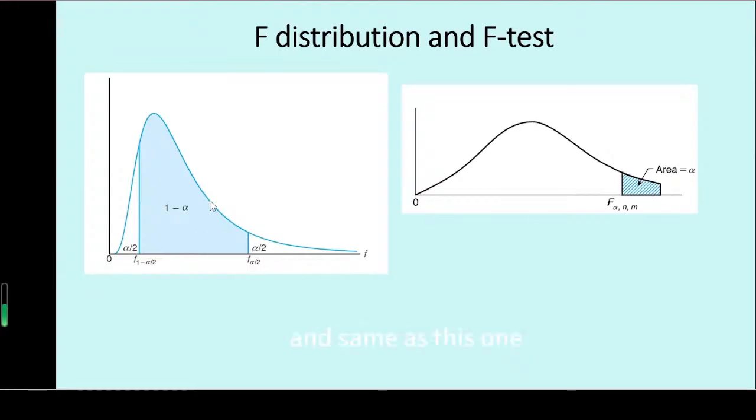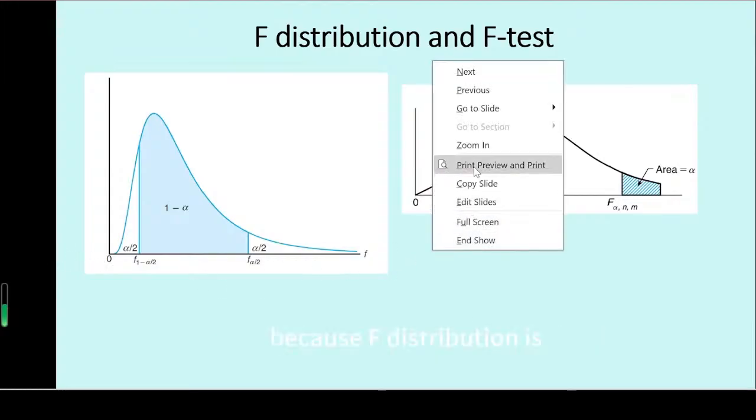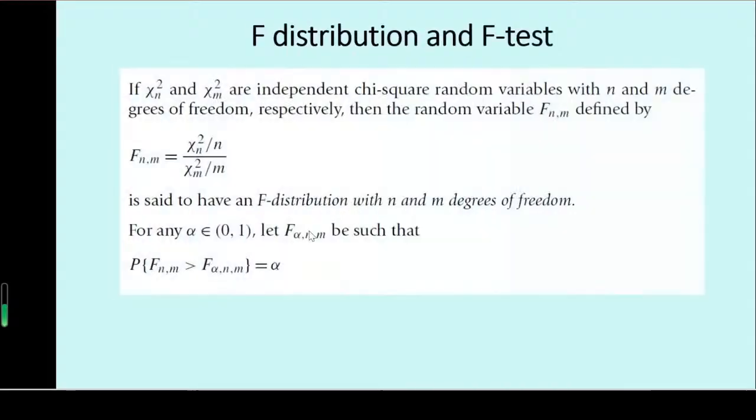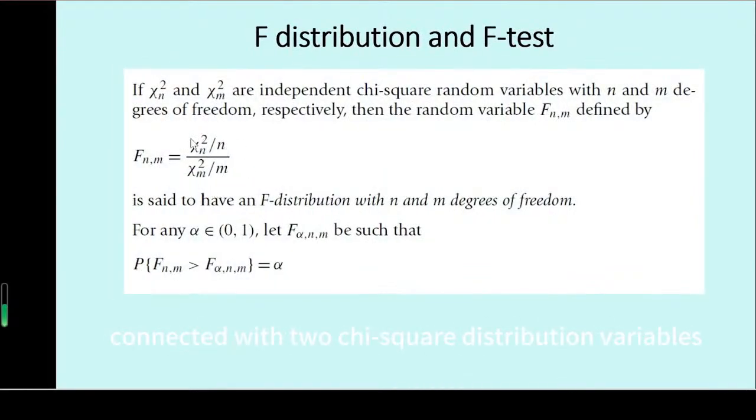And the same as this one. And this is for the two sides. So here is half alpha and here is also half alpha. So you can see for the F distribution, all the possible values of the random variable are on the positive side. There are no negative values for the F distribution, because the F distribution is connected with the division of two chi-square distributed variables.